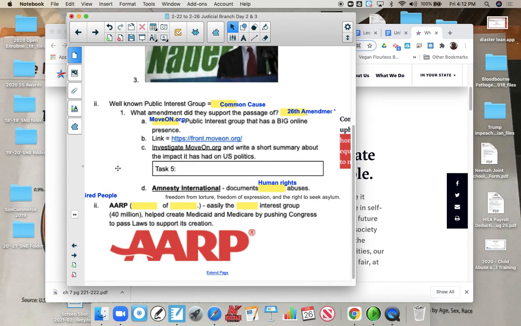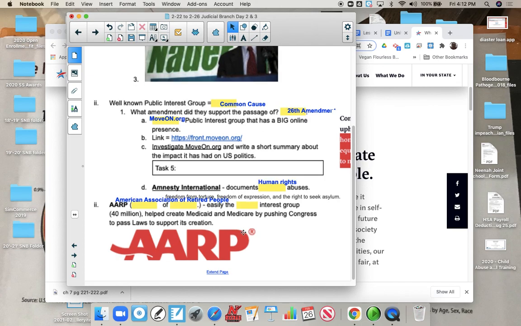Okay? Another public interest group that doesn't matter what age you are to join is the American Association of Retired People. Little did I know that I, at 39 years old, could be a part of this group, and I'm not even close to retirement. So I can be a part of the AARP. It is a humongously large group.